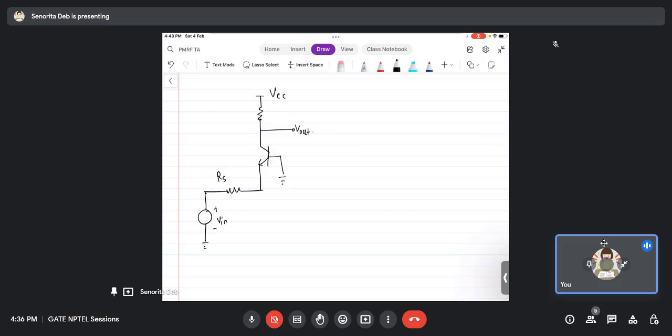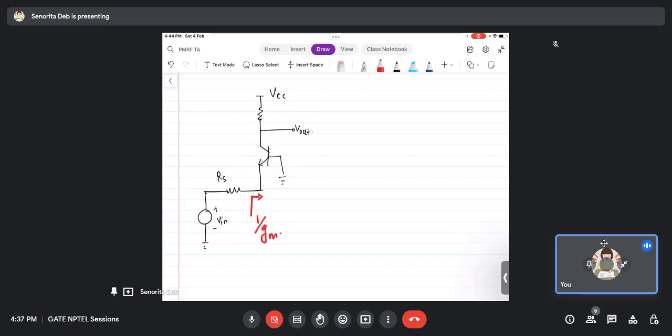Now suppose there is a series resistance Rs, which will be there in the common base configuration. We normally use the Rs concept, the series resistance concept. So now I have to find out the voltage gain. Looking from here, you know that this impedance is 1 by Gm, is it not?